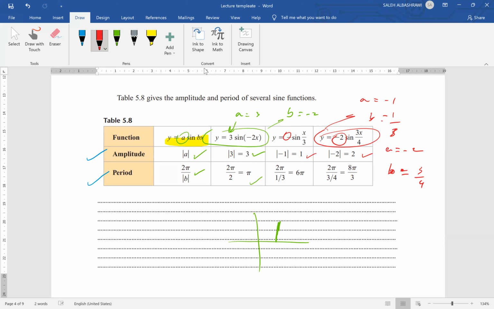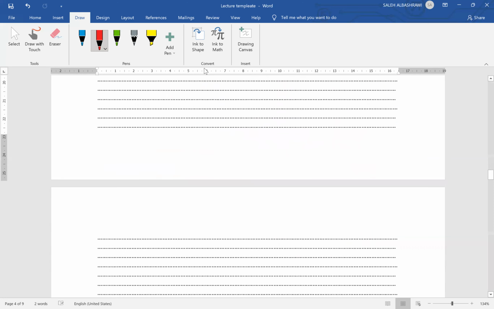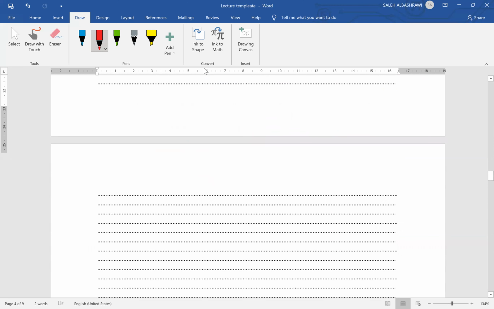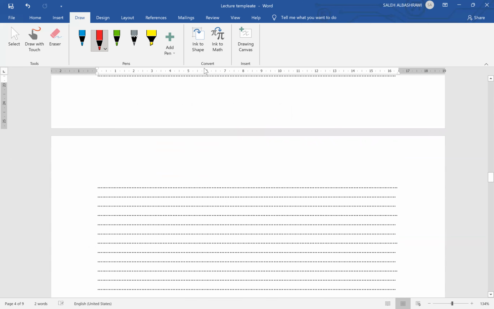These are just general information, only for the sine function. We need to find the amplitude and period, and then we sketch the function. Let's have some examples. Example number 1: graph the function y equal to minus 2 sine x over 2.